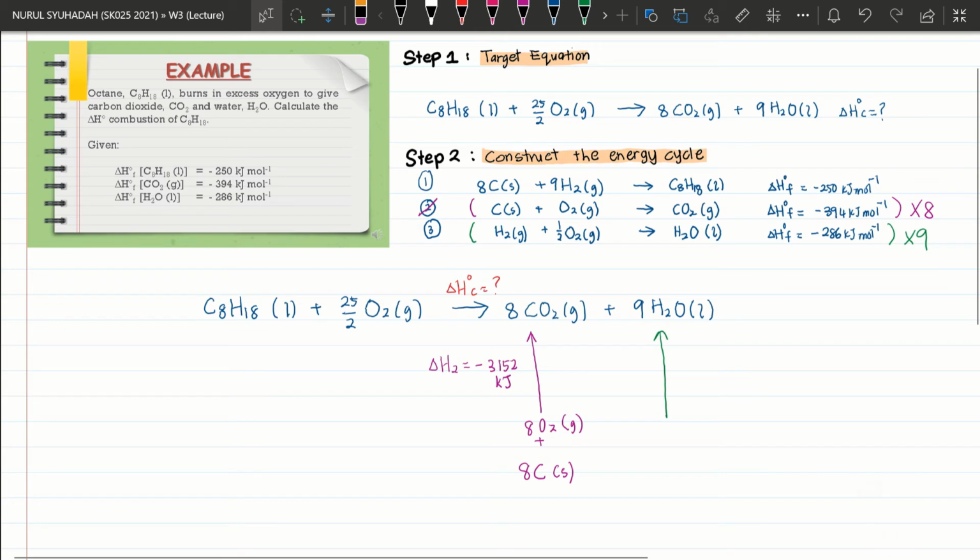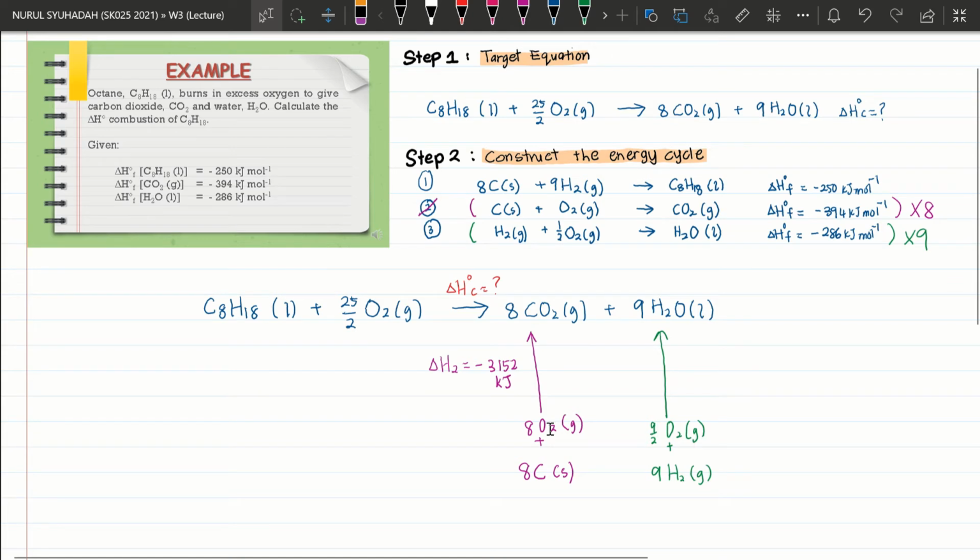Since we times it by 9, it will be 9 H2 gas plus 9 over 2 O2, and make sure that the oxygen is not on the same line. As we look at the equation, it looks like one complete equation.